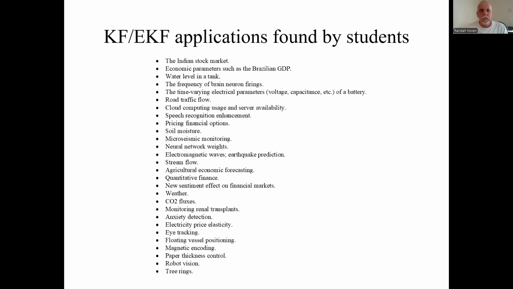One last thing: I always ask my students, almost every time I taught this, to go online and find any application you can of a Kalman filter or an extended Kalman filter. I don't even know if this list is exhaustive, but these are the kinds of things that someone tried to track using some kind of Kalman filter: Indian stock market, frequency, brain neuron firings, soil moisture.